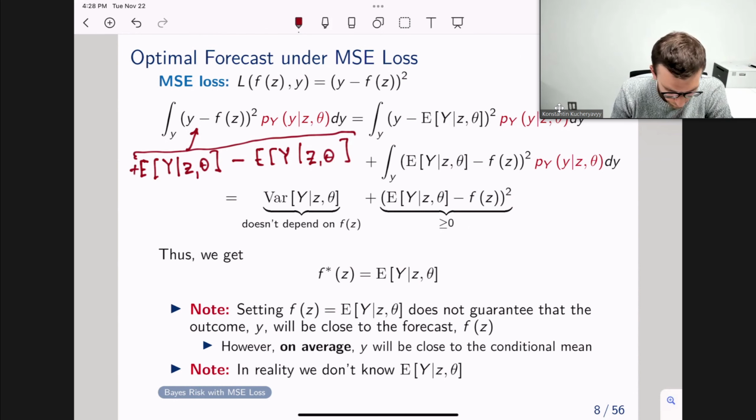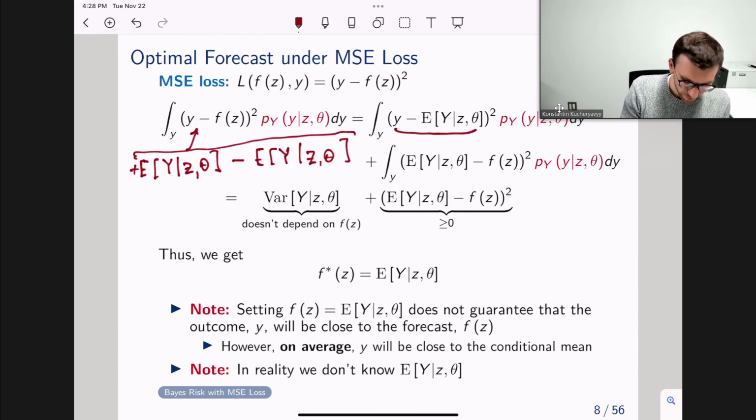Then we combine the terms and open the square function.